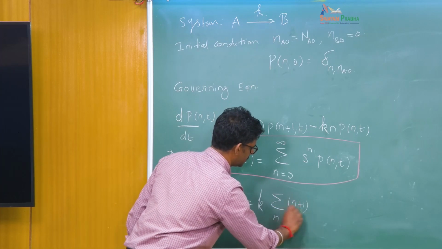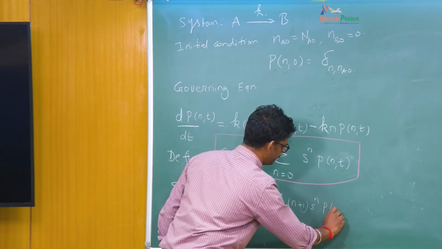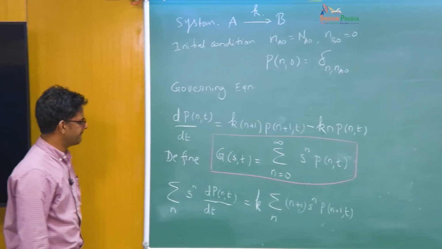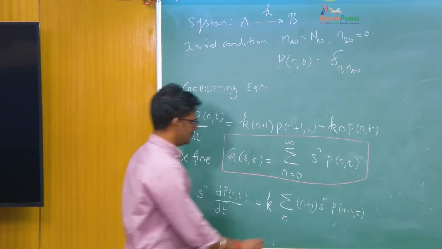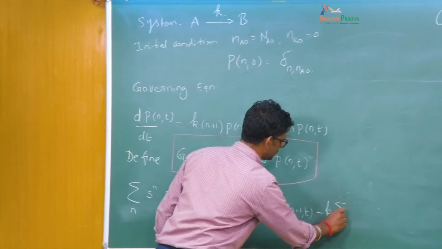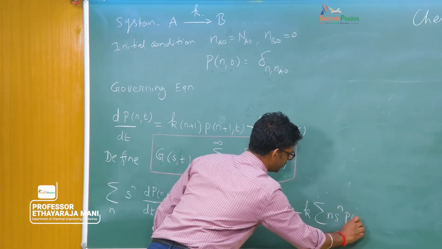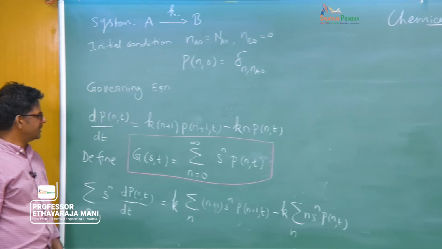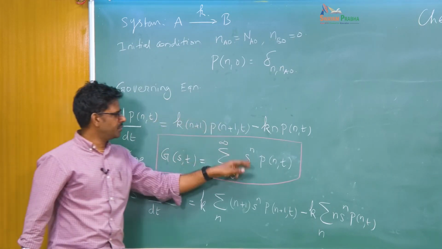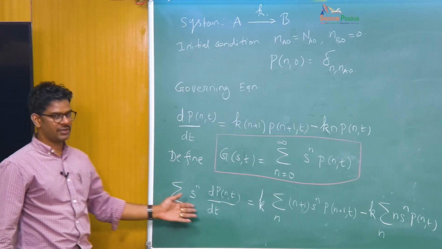So we have the sum over n of s^n dP/dt equals k, which is a constant so it comes out, times the sum over n of (n+1) s^n P(n+1, t), minus k times the sum over n of n s^n P(n, t). All I have done is take this master equation, multiply by s to the power n in all the terms, left and right hand side, and then sum over all n values.